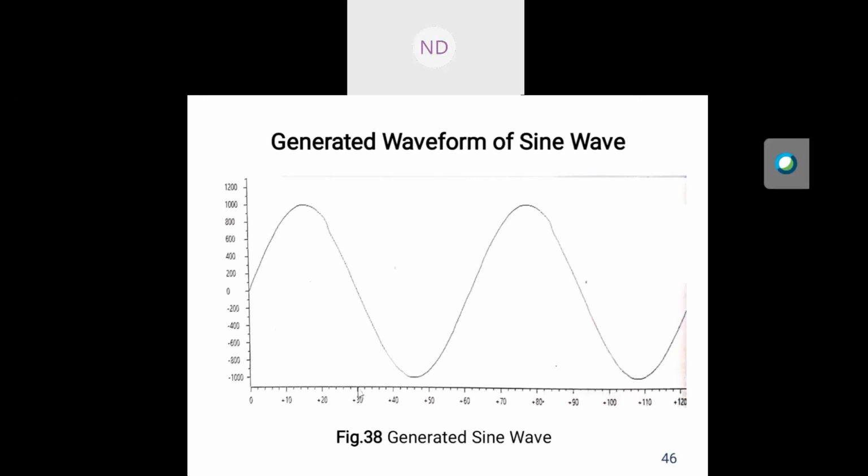For one loop, that is one cycle of this sine wave, it goes to 62, ma'am. But it is not shown in the graph. Okay, go to the program.